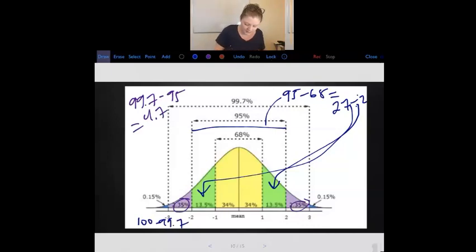Divide by 2, and this would be 0.15. So that's how we get those small little tails to be 0.15. This may or may not be helpful to you. It could help depending on what sections you're working with in the problems in your homework.